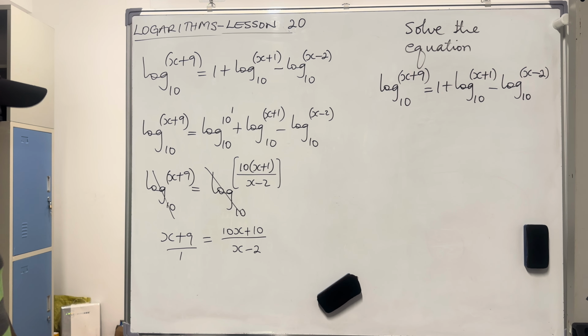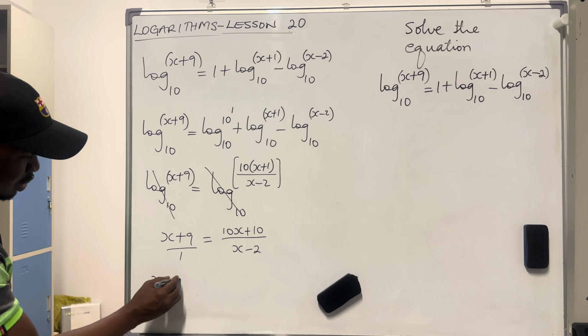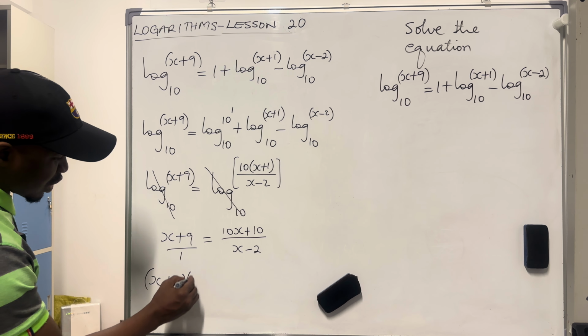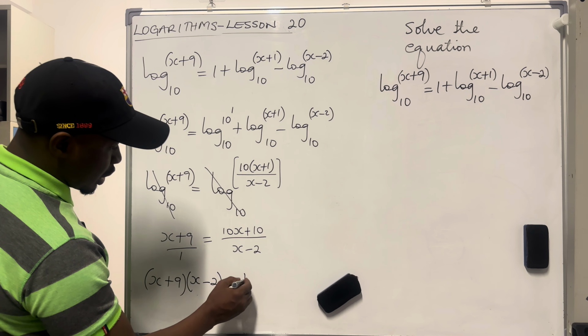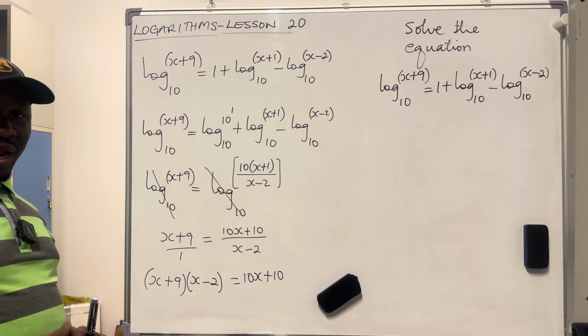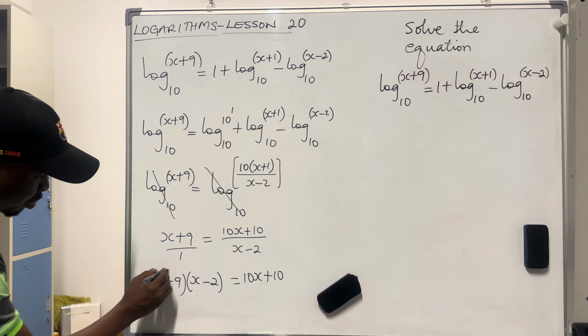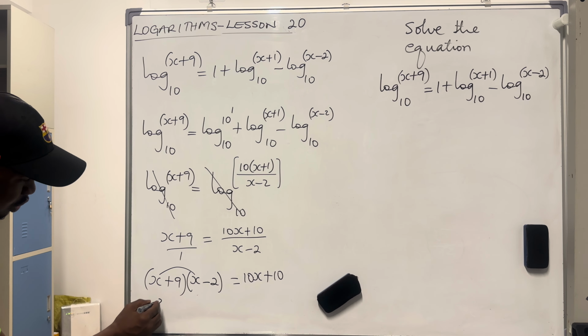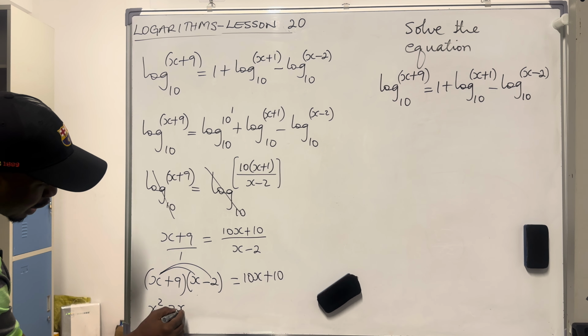So we say (x + 9) multiplied by (x - 2), and 1 times this is 10x + 10. If x multiplies x, we say x squared. x multiplies this, we say minus 2x.